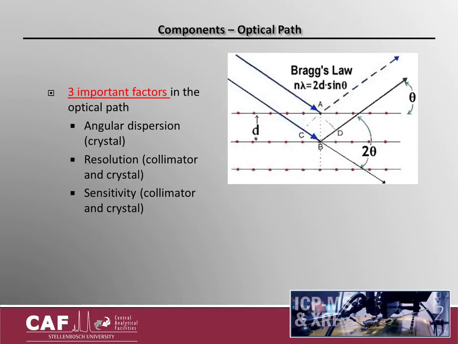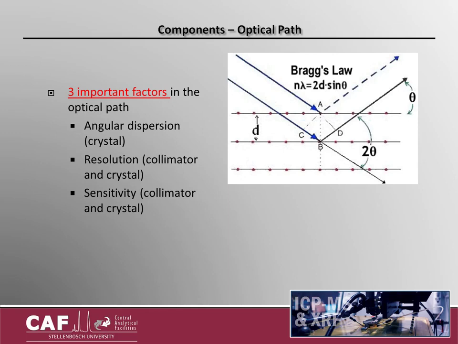Three factors play an important role in the intensity and dispersion of X-rays in the optical path. They are angular dispersion, resolution, and sensitivity. The angular dispersion depends on the type of analyzing crystal being used. The resolution depends on the spacing of the collimator slits, the choice of analyzing crystal, and the reflective properties of the crystal.